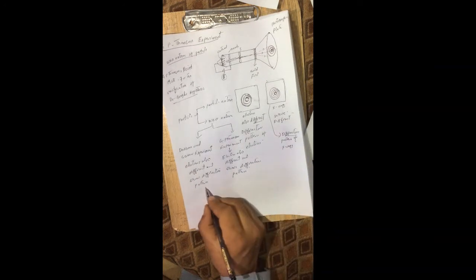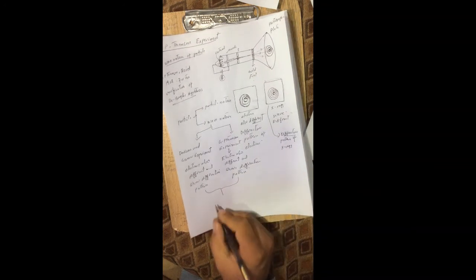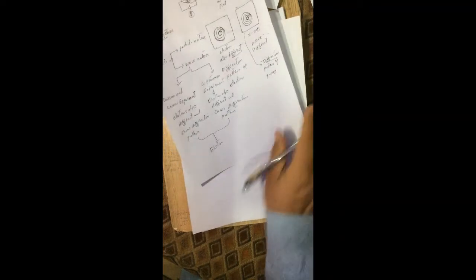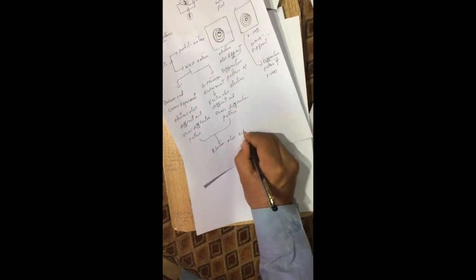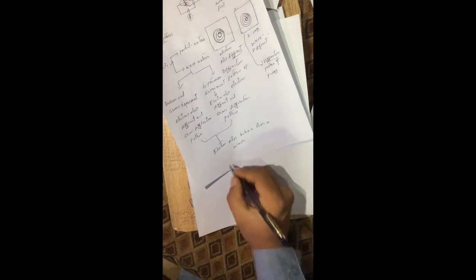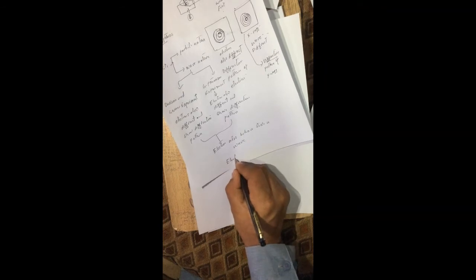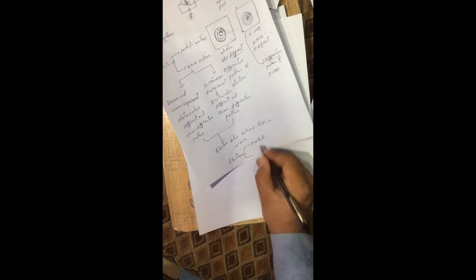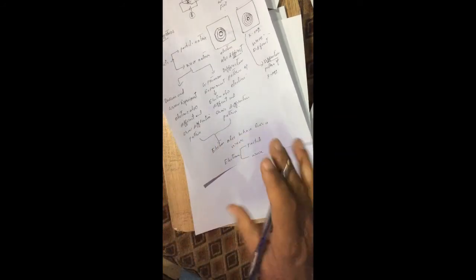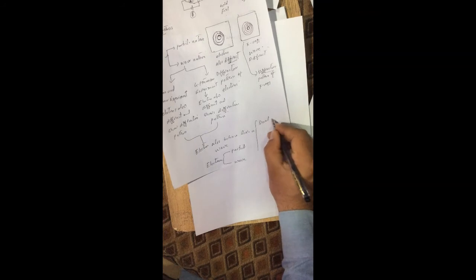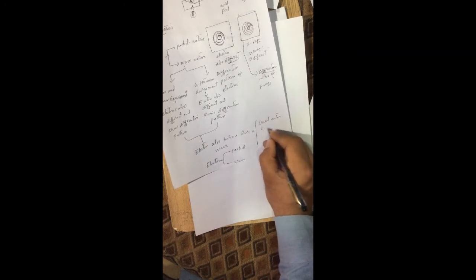Now from the conclusion of these two experiments, we can say that electrons also behave like a wave. So it means that the electron has two natures, behaving like a particle as well as like a wave. So the dual nature is universal.